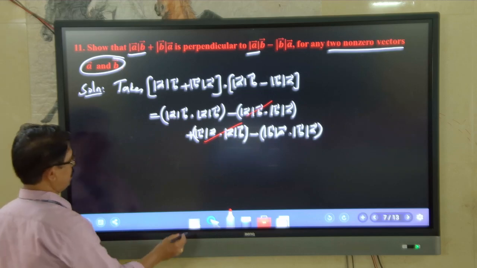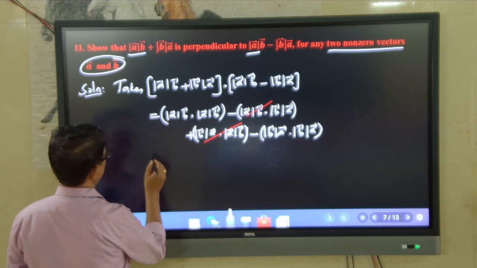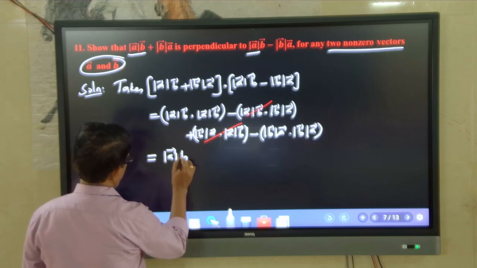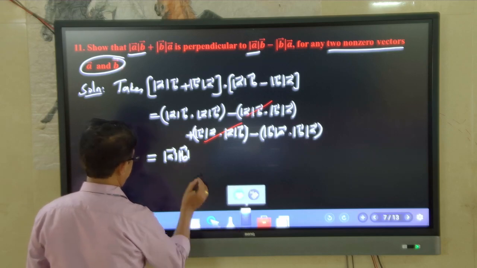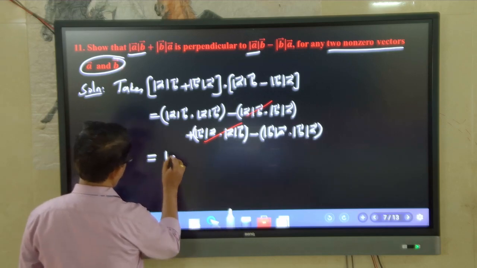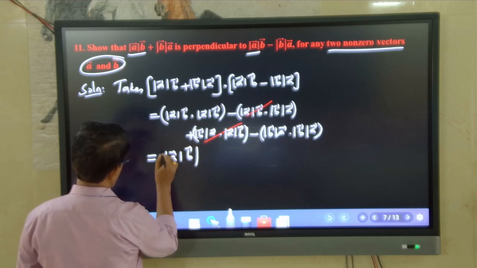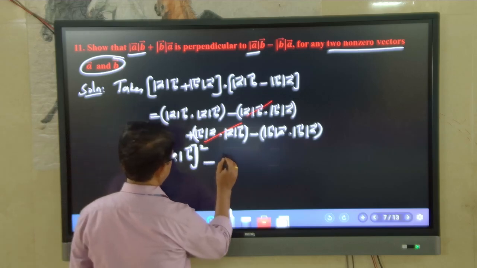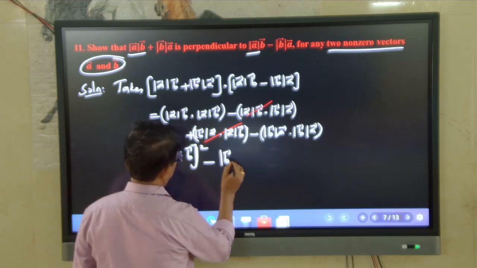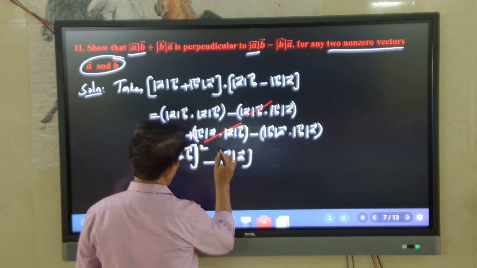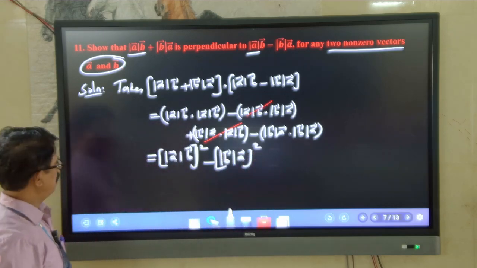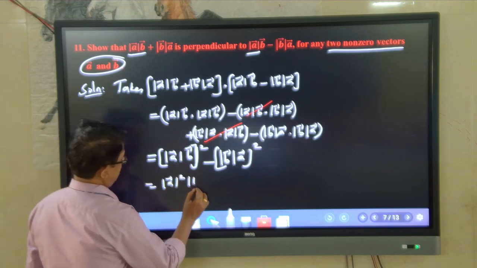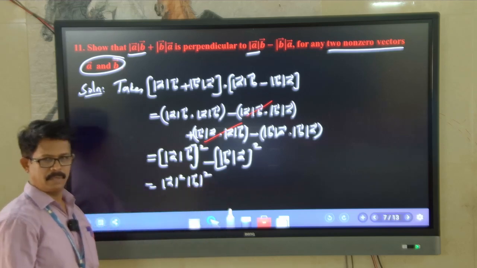Yes or no? What we are going to do here? |a|² |b|² minus |b|² |a|², whole square.